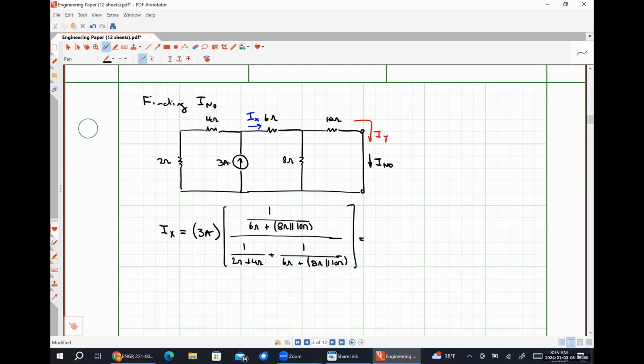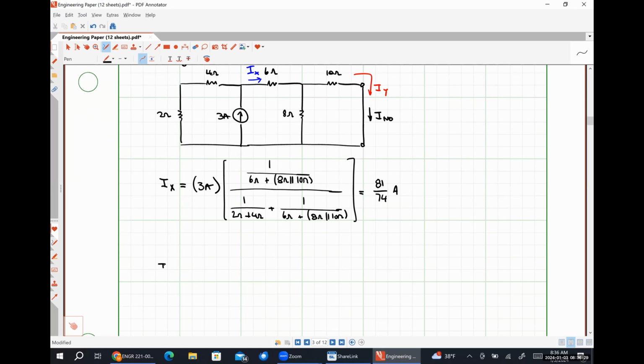One over, let's see, 6 plus 80 over 18. 1 over 6 plus 1 over 6 plus 80 over 18. I got 81 over 74 amps.